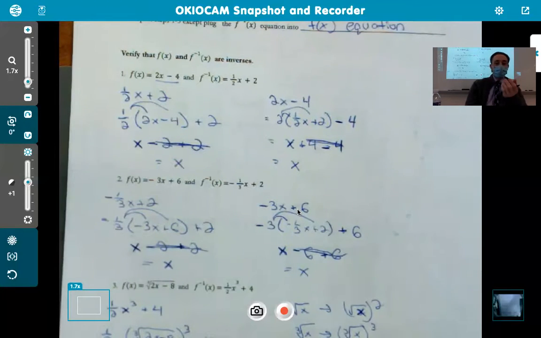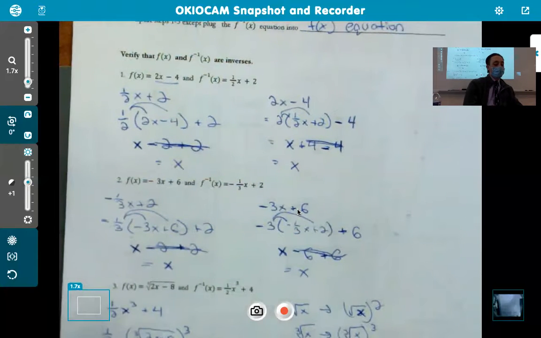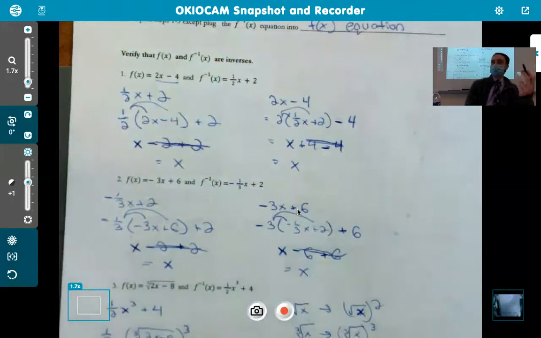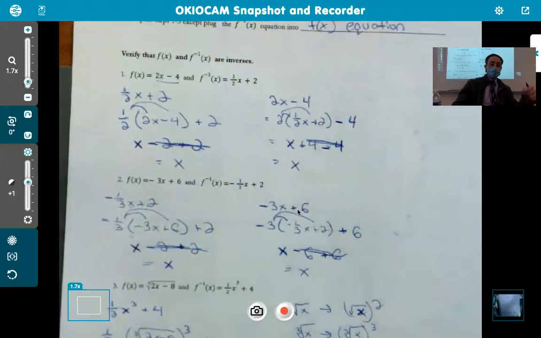And you're going to see an example on your homework tonight. If you do it one way and it works and you do it another way and it doesn't, they're not inverses of each other. Also, if you do it the first way to start and you don't get x, well, then you can just stop right there and say they're not inverses, right? So don't try and create too much work for yourself with that. But yeah, always just verify and double check.